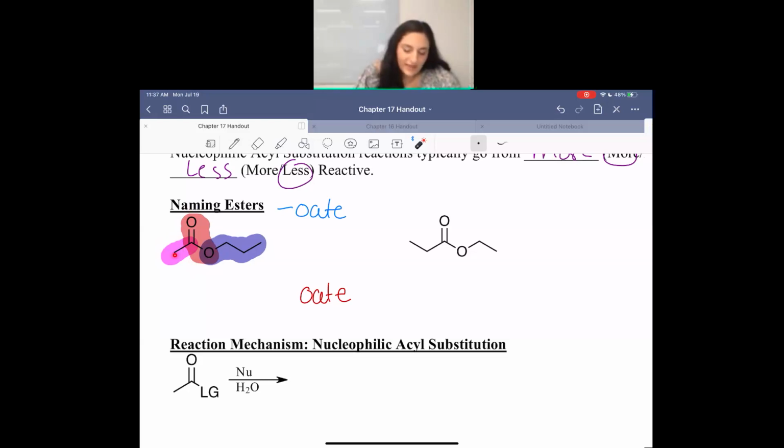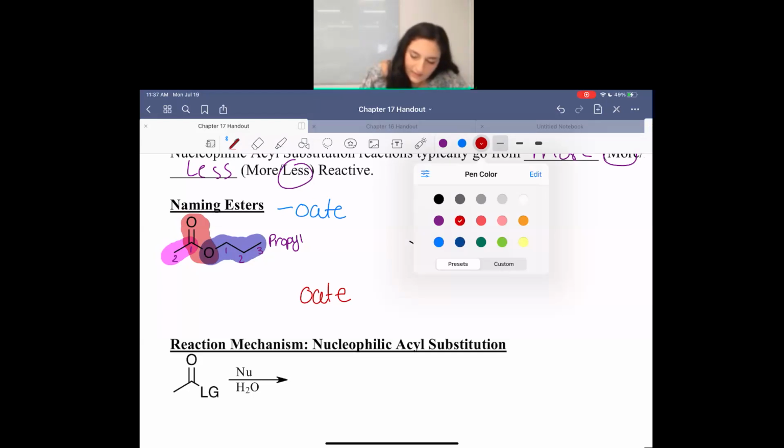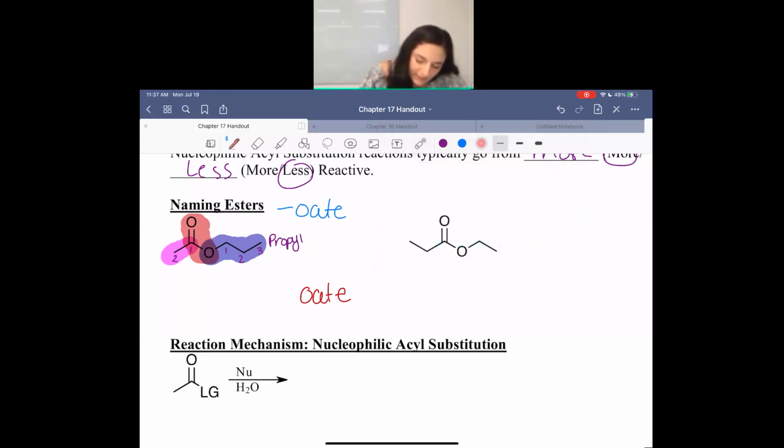And this chain is coming directly off of that carbonyl. So we can say it's going to be attached as one piece. And we see 2 carbons here, and I will number that for you. 1, 2, 1, 2, 3. And so we're going to say that here we have a propyl, and here we have an ethyl.